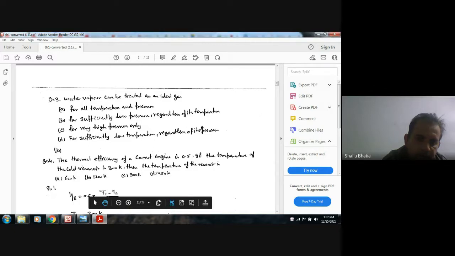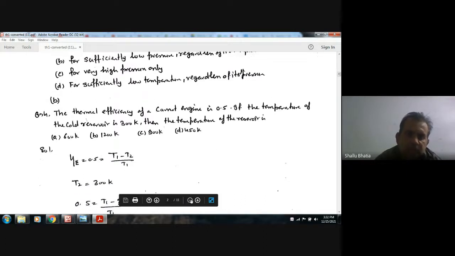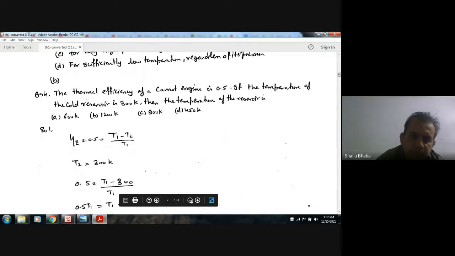Next question is question number 4. The thermal efficiency of a Carnot engine is 0.5. If the temperature of the cold reservoir is 300 Kelvin, then the temperature of the hot reservoir is? Thermal efficiency is 0.5, which equals T1 minus T2 by T1.